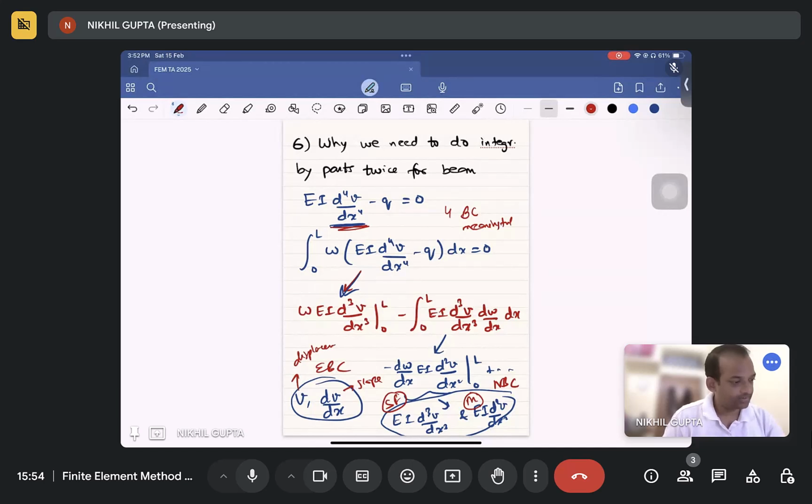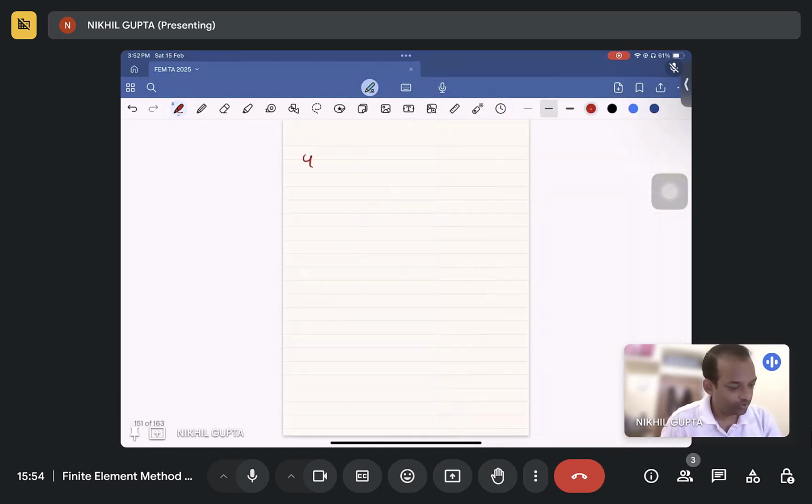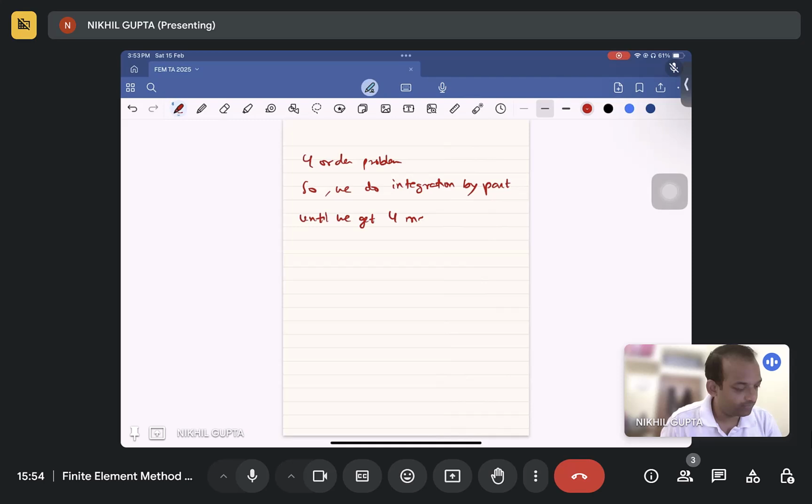Since it is a fourth-order problem, we do integration by parts until we get four meaningful boundary conditions. That's it.